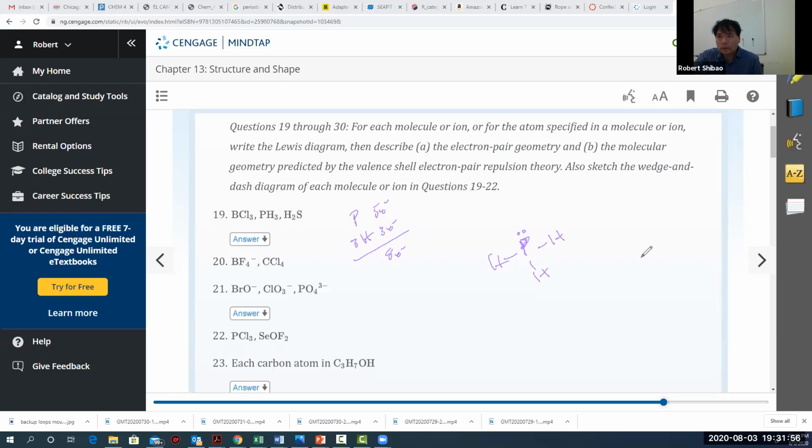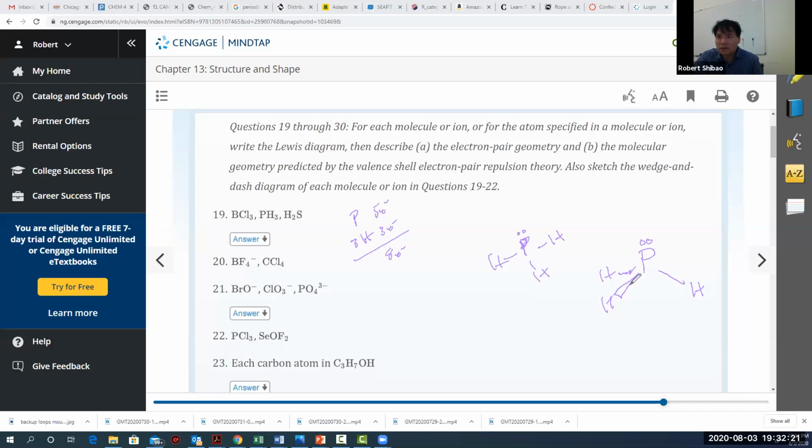Now, we have 4 groups of electrons, a lone pair and 3 single bonds. So in order to spread those out, let's put the lone pair on the top, and then 1 single bond here, and another single bond here, and another single bond there. And so this adopts a tetrahedral orientation between the 4 groups of electrons.